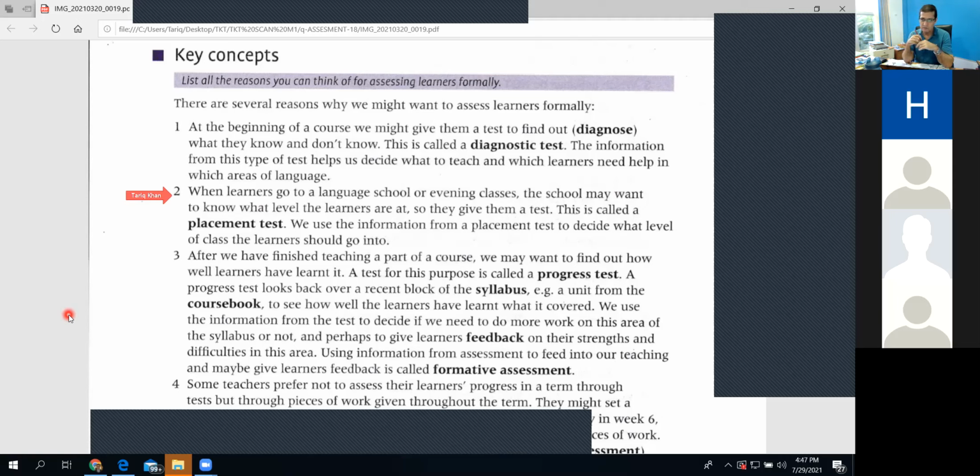Then we can plan the course, what we need to teach them. What they need to be taught, how much they know and how much they don't, right? That is diagnostic. Now tell me the difference between diagnostic and placement test.